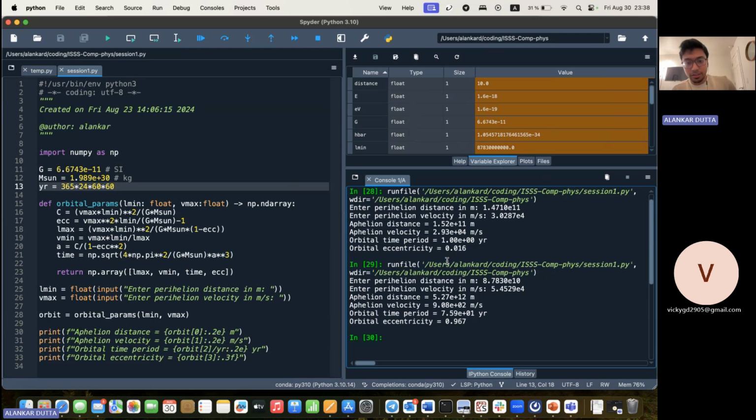The distance to perihelion is roughly 10 to the 11, whereas aphelion distance is 5.27 E12. So it's an extremely elliptical orbit.